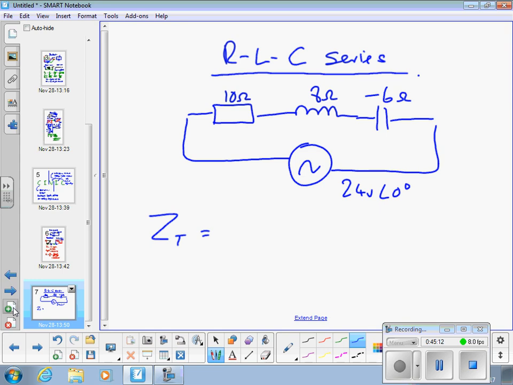Got a series circuit, so what do we do with all the impedances? Add them together. So we got ZR plus ZL plus ZC.